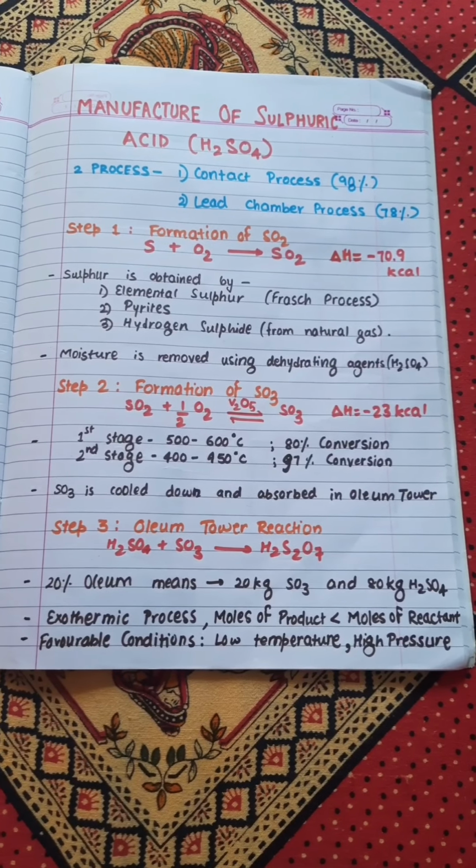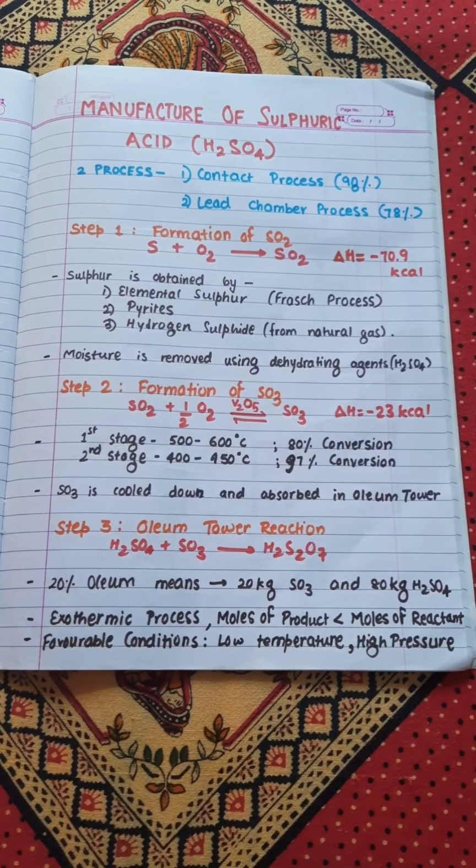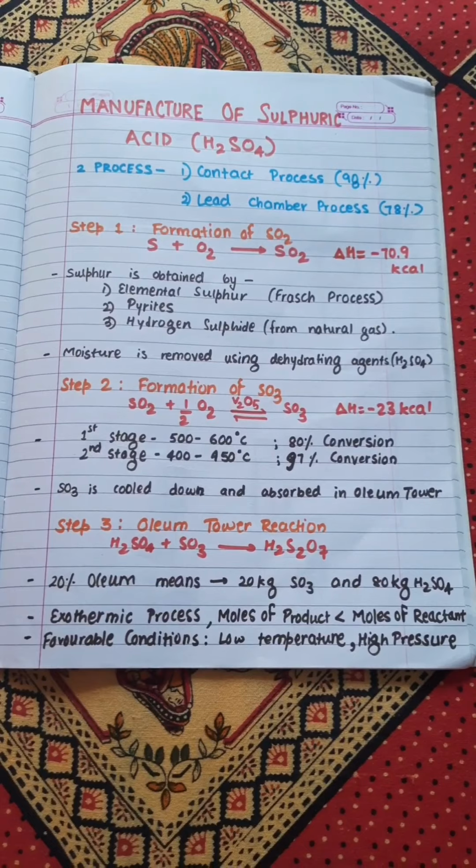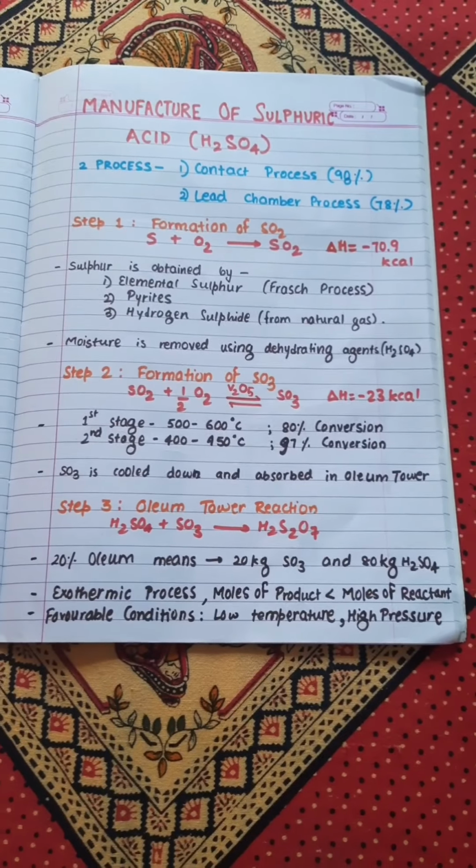Now let us discuss the whole process of manufacturing of sulfuric acid using a flow diagram. Firstly, air is passed to the air dryer where it combines with H2SO4, which acts as a dehydrating agent. It removes all moisture from the air just to avoid corrosion of industrial equipment.